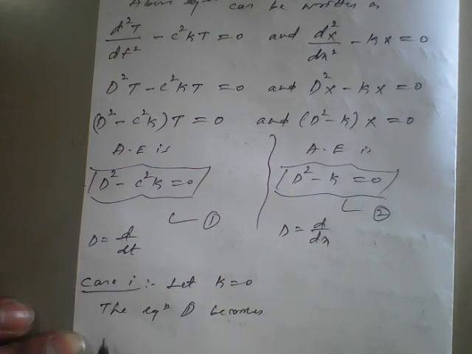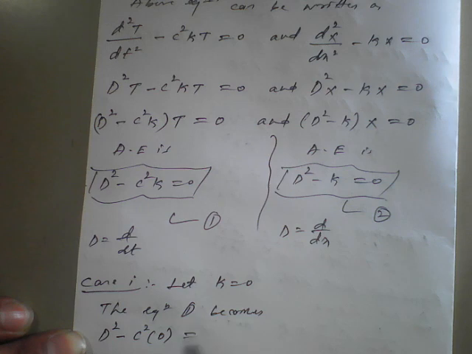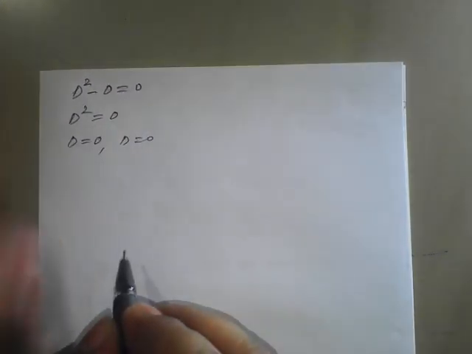So D square minus c square into 0 is equal to 0. So continue with the simplification. c square into 0 is 0, so we'll get D square minus 0 equal to 0, or D square is equal to 0, or D is equal to 0 and D is equal to 0 are the two roots.